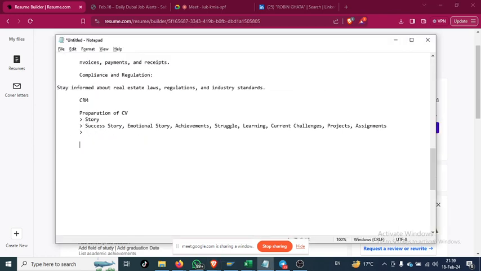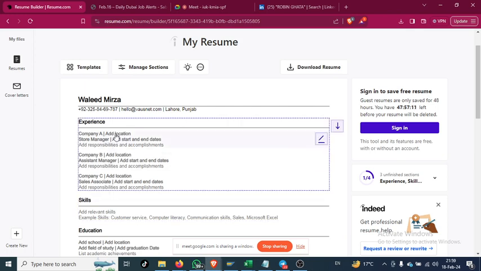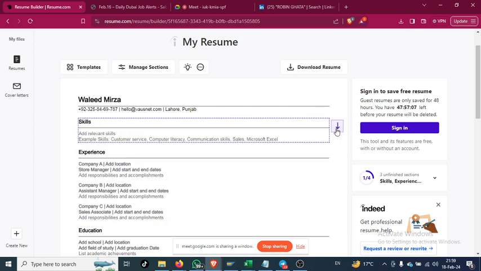So what is it asking for? Experience. But before I actually go for experience, I will go for a tagline or short intro. Okay, move down. Okay, skills, I will use this.